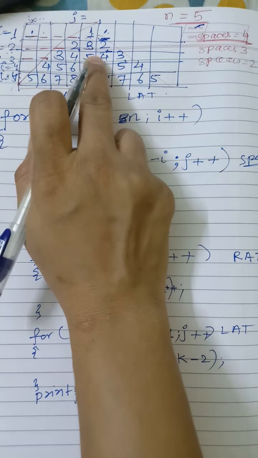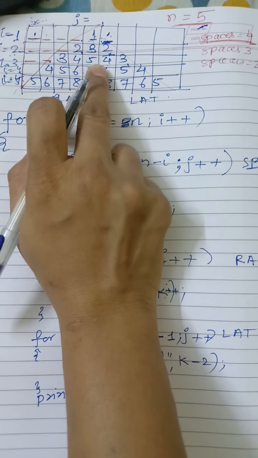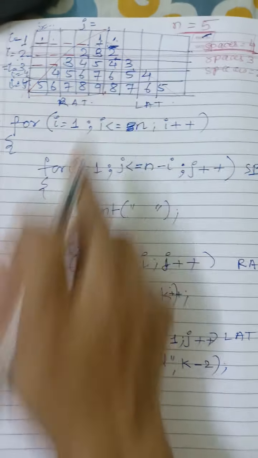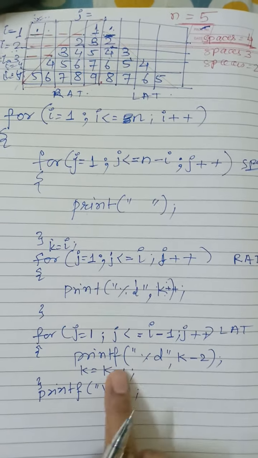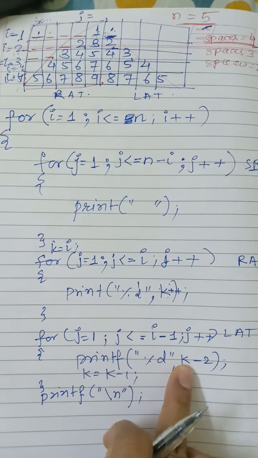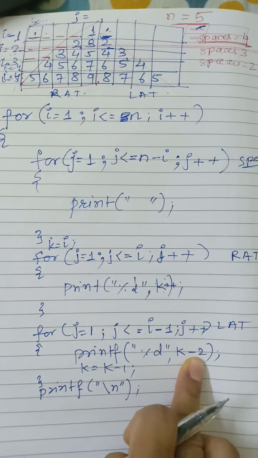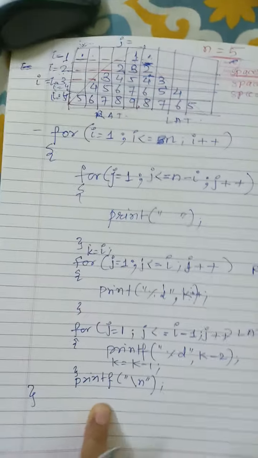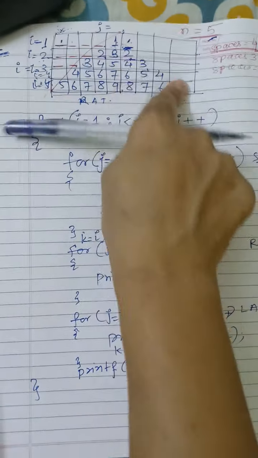So now it was 2, now it is 4, so 4 minus 1, that will become 3, in this way. So you are taking the same value, but you are subtracting 2 from that number, and then you are printing it. And if you try to execute this program, you will see that you are getting this kind of pattern.